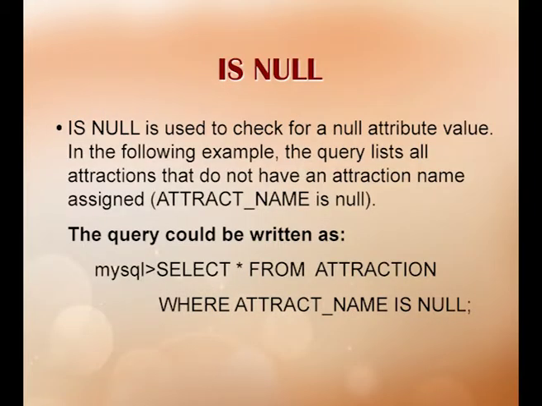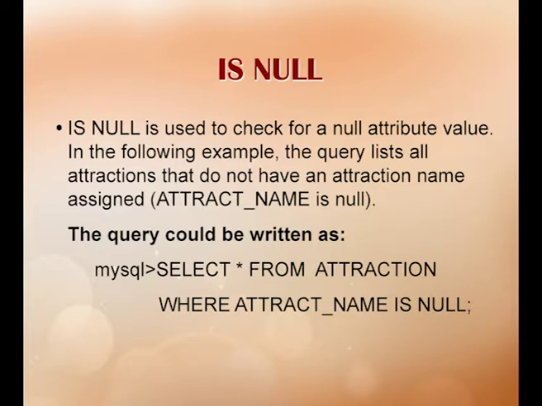Then comes IS NULL. As we discussed in the earlier session when we were talking about the creation of tables, we had introduced one constraint called NULL, NOT NULL. Here this is a kind of checking factor to retrieve data by checking for null attribute values.